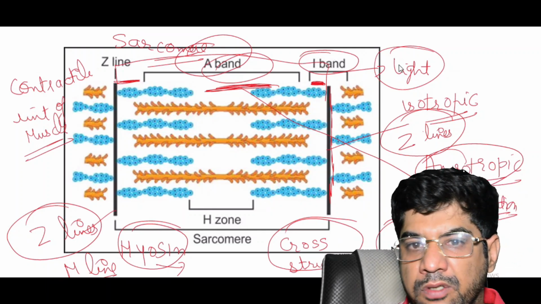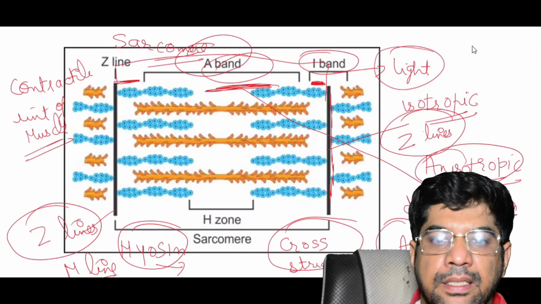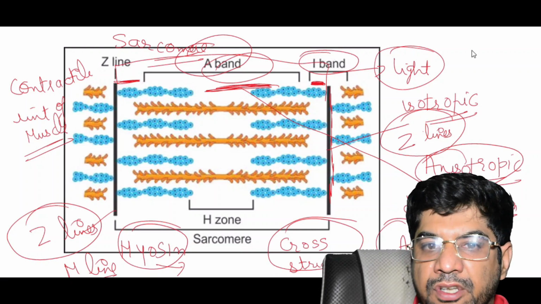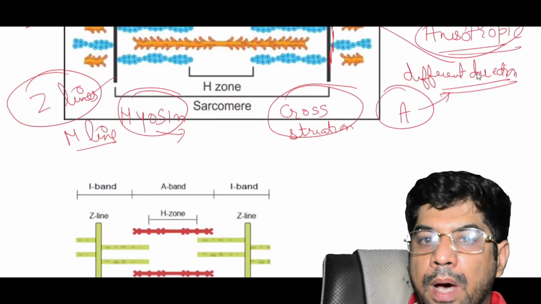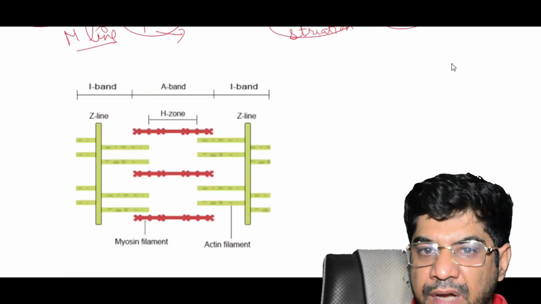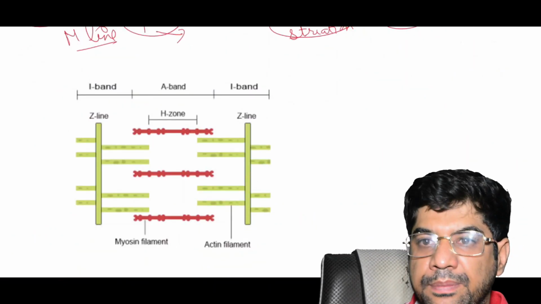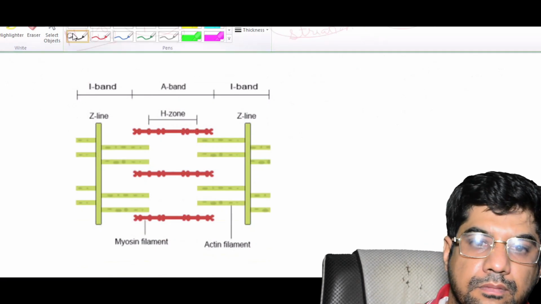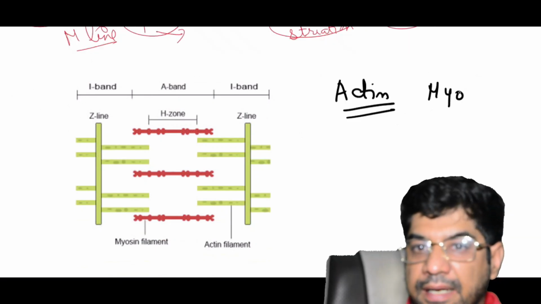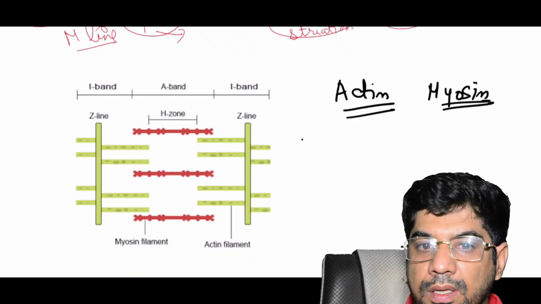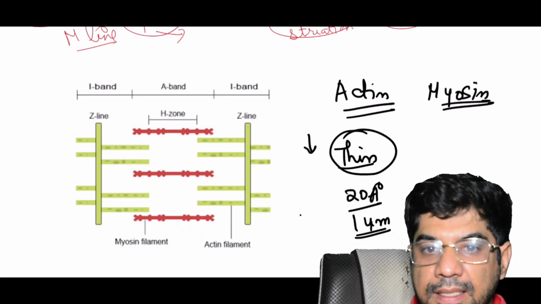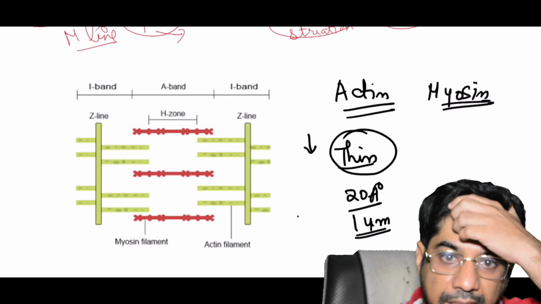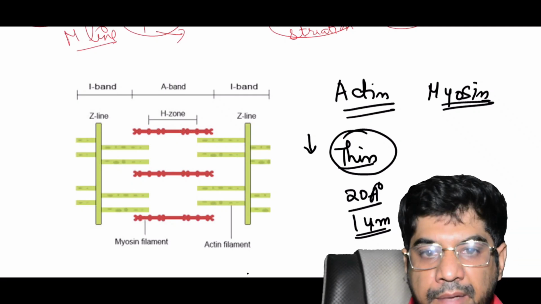Now electron microscopy reveals that the sarcomere consists of many thread-like structures known as myofilaments. These myofilaments can be of two types: actin filament or myosin filament. The actin filaments are the thin filaments with a diameter of 20 Angstrom and a length of 1 micrometer.